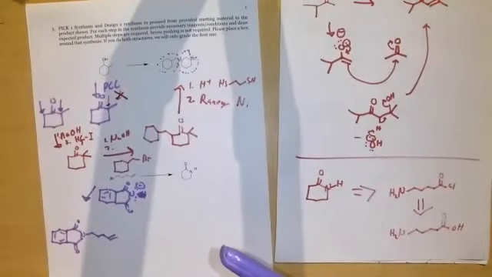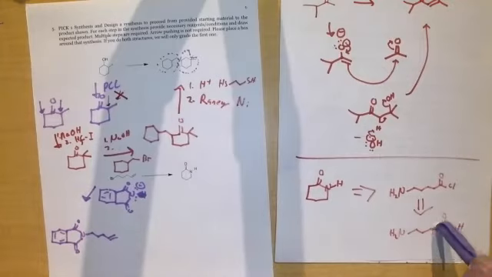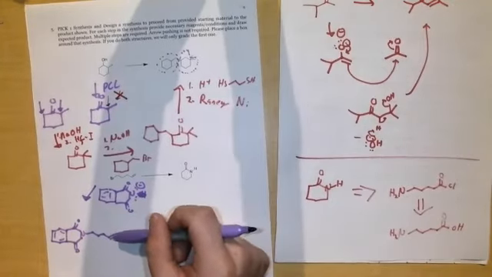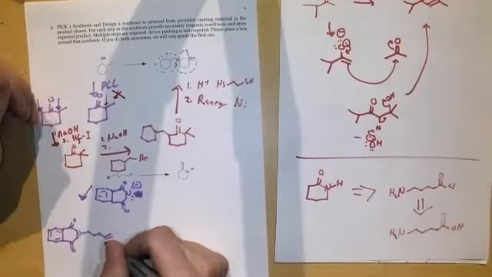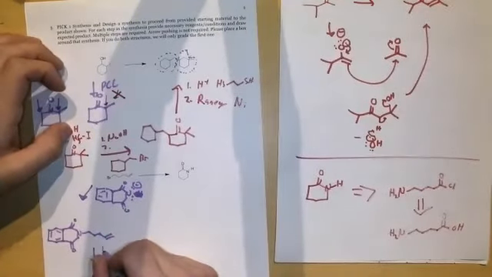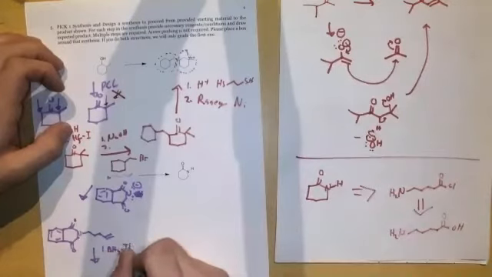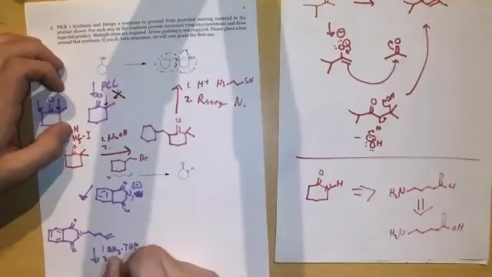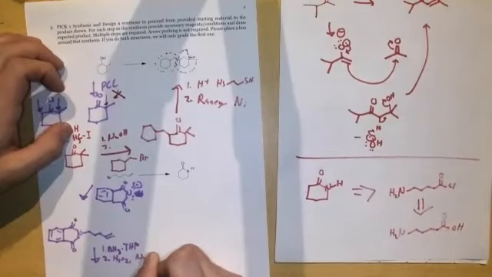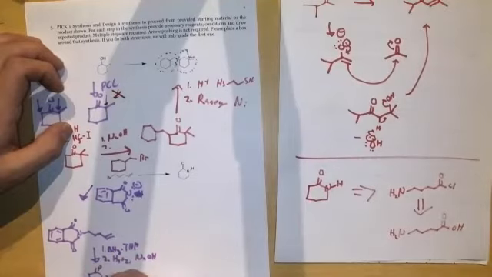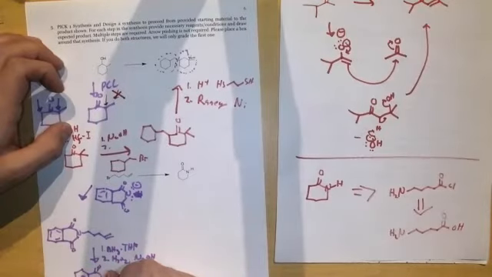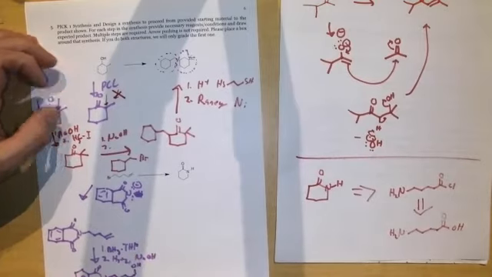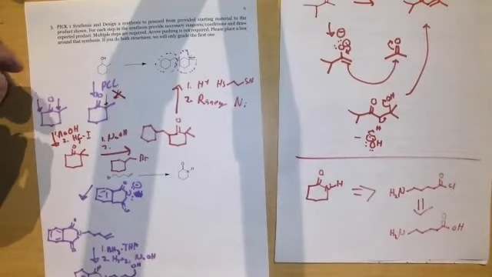If I want to get a carboxylic acid on the end, I'm going to need my oxygen to be on the end. So I would need to do BH3 THF in order to get an OH here instead of here. We could oxidize this with chromic acid.